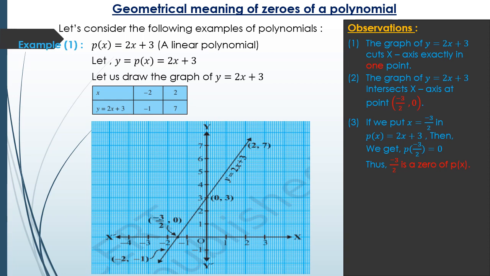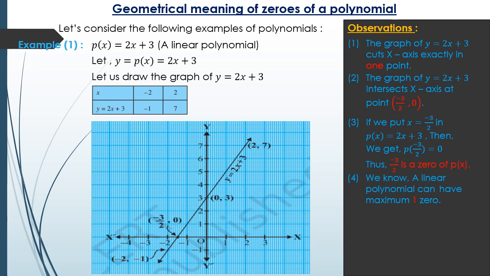Okay, before proceeding further, we will write one more note. Now our given polynomial is a linear polynomial, and we know that a linear polynomial can have maximum 1 zero. Why? Because the number of zeros of a polynomial is at most its degree.